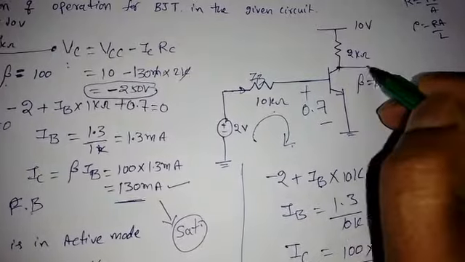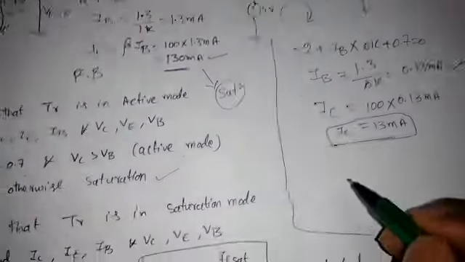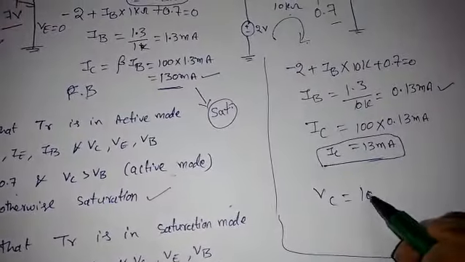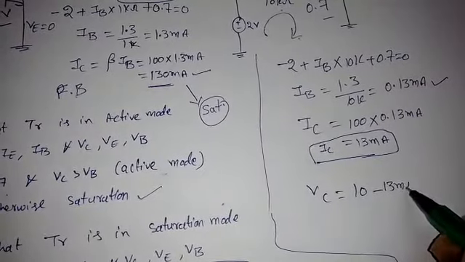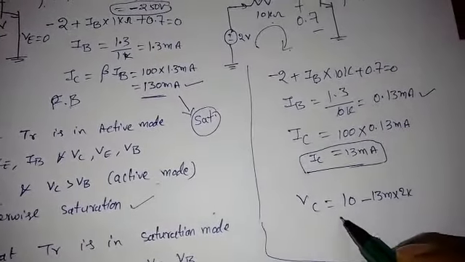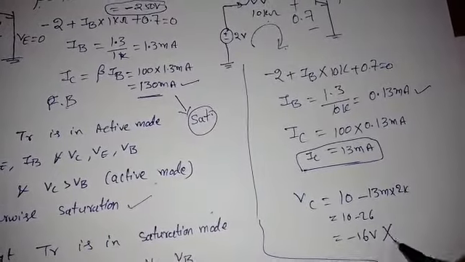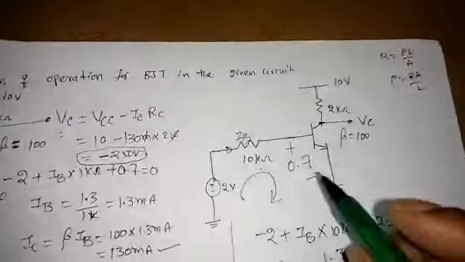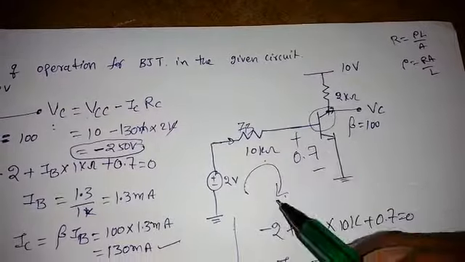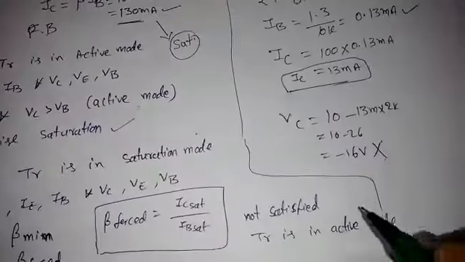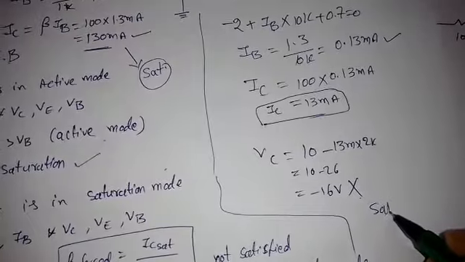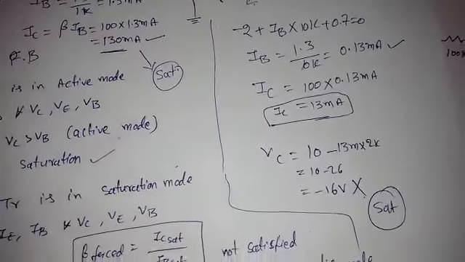So which is here is VC. So what is VC? VC is 10 minus 13 milli into 2 kilo. Again it will become 10 minus 26, so minus 16 volts, which is not possible. So that means this junction is also in forward bias. Again the transistor is in saturation only, right?